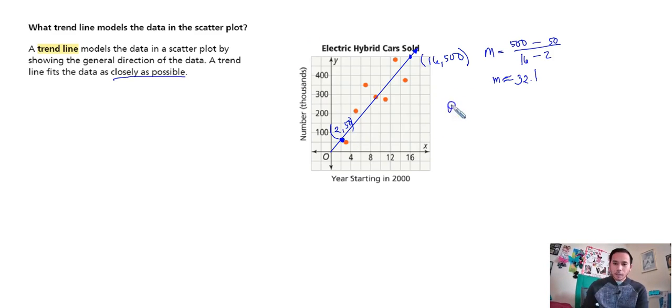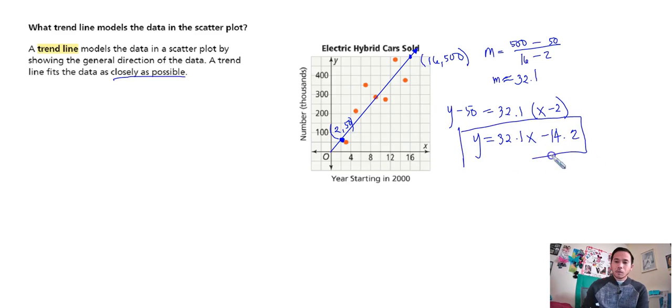So I have y minus 50 is equal to 32.1 times x minus 2. So I have y is equal now to 32.1x minus 14.2. So this is now our equation.